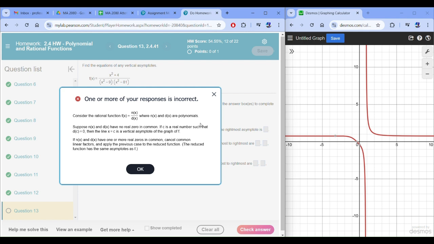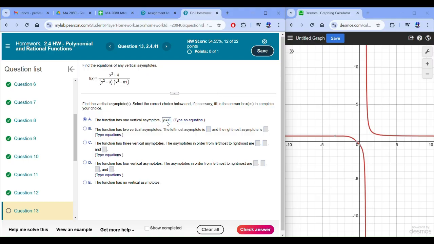If c is a real number such that then line x equals c is a vertical. Okay, wait.